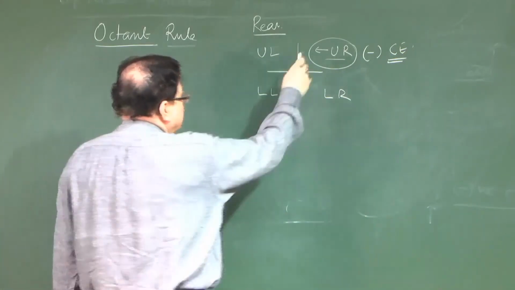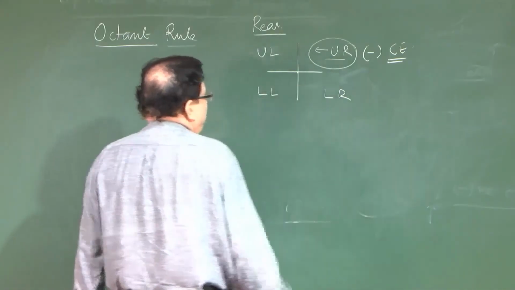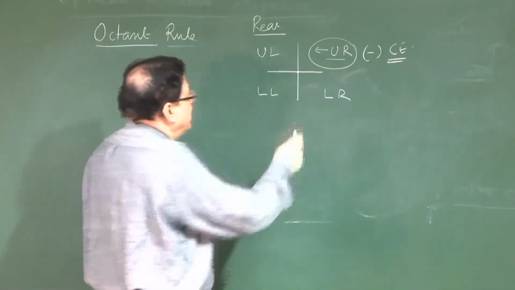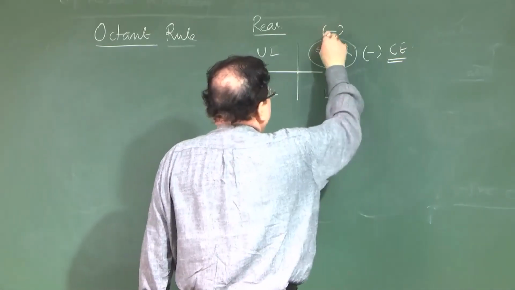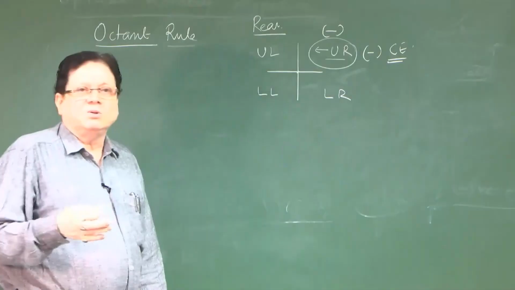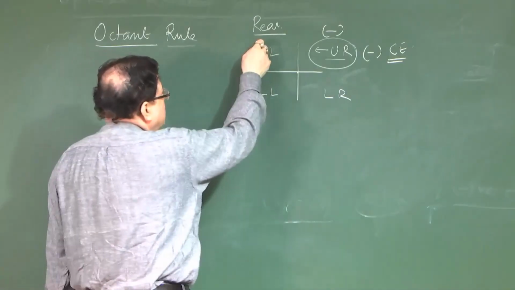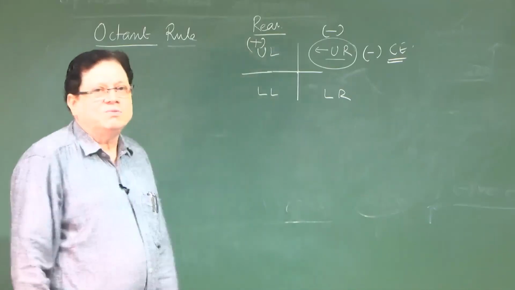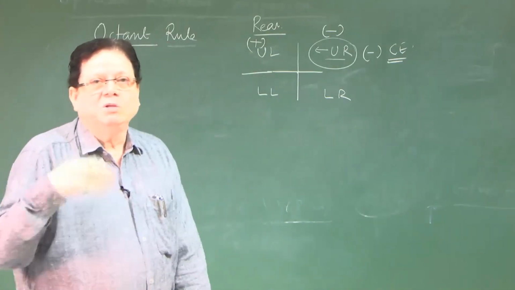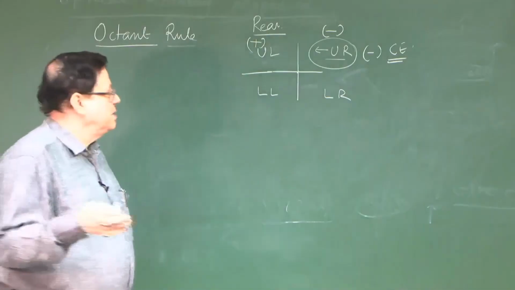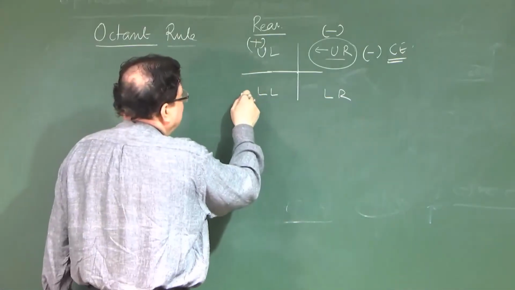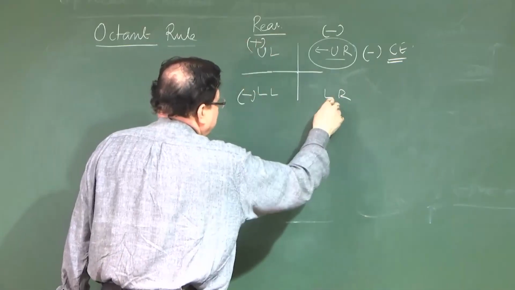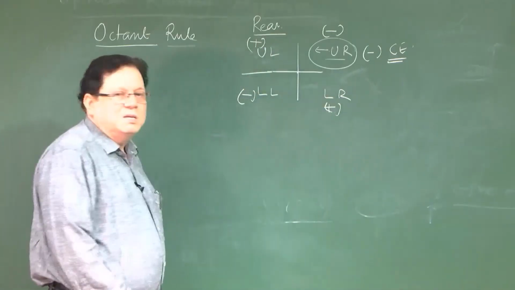So, substituents which are falling in the upper right, remember we are talking only about the rear octants, will contribute in a negative sense to the sign of the Cotton effect. Substituents falling in the upper left will contribute in a positive fashion to the Cotton effect. And similarly, that will be negative. So, it alternates: negative, positive, negative, positive. This is for the rear octants.